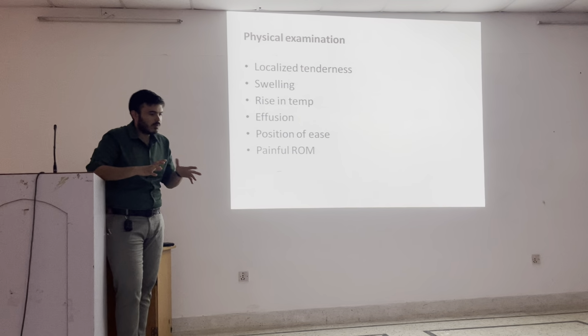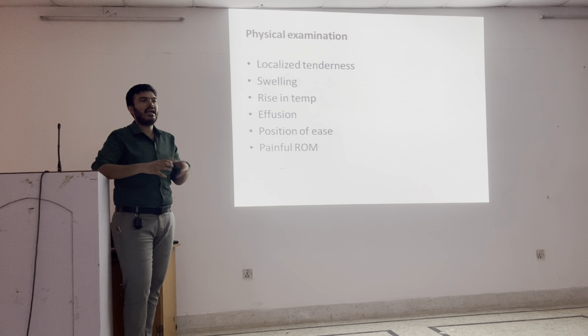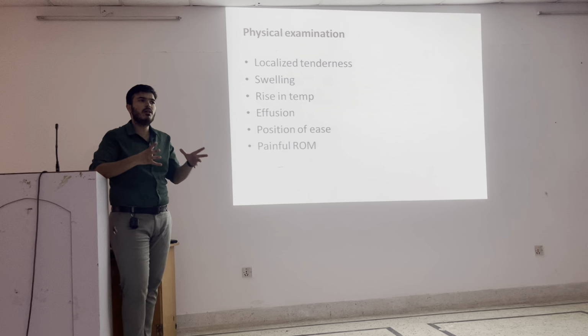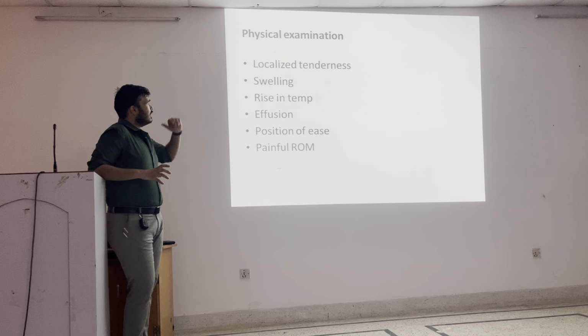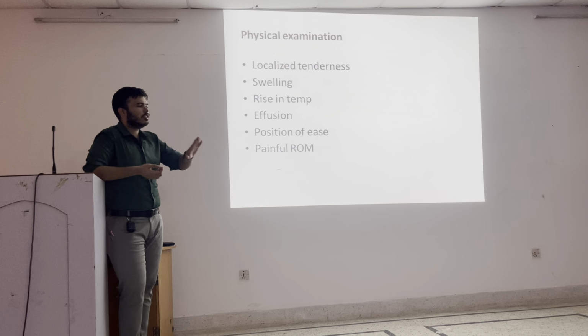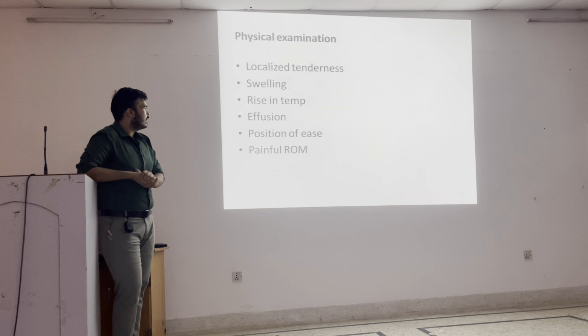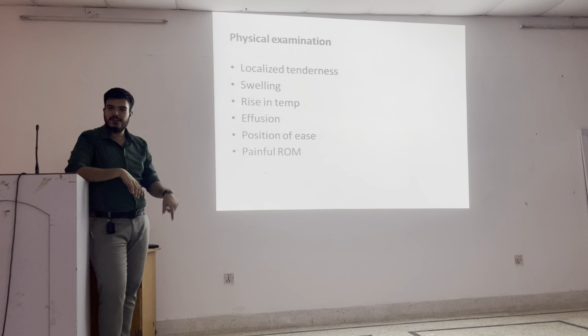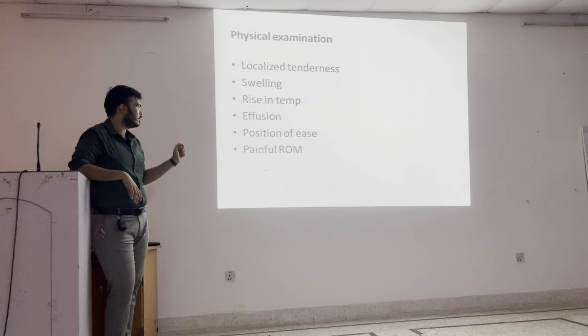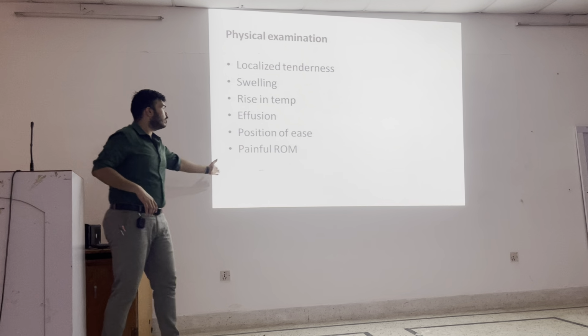Secondly, inspection. When you inspect it, it looks red, erythematous. There might be certain bulging, certain edema. Same thing, localized tenderness. When you touch it, there is localized temperature. Okay, and I already told you position of ease. 5 to 30 degrees in the case of knee, flexion, and FABER in the case of hip. There is no range of motion.